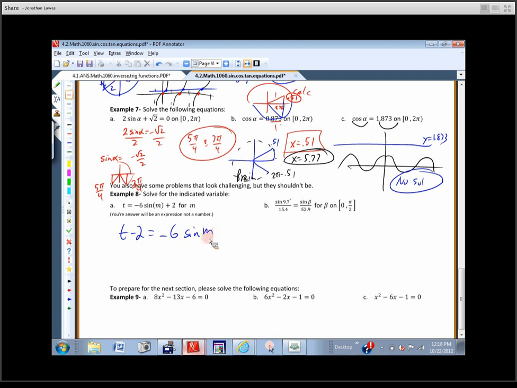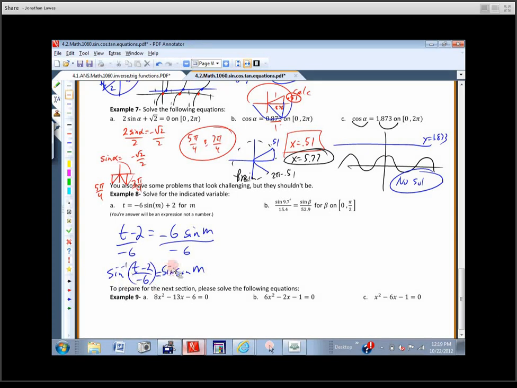I need to get the m by itself, so I'm going to get rid of the -6. So here's what I've got. T minus 2 over -6, and if you want to distribute the negative through on the top, that's fine with me, equals the sine of m. And how do I finally get the m completely by itself? How do I get it away from the sine? Sine inverse. Not times the sine by, take the sine of both sides. So we're going to take the sine inverse of both sides.